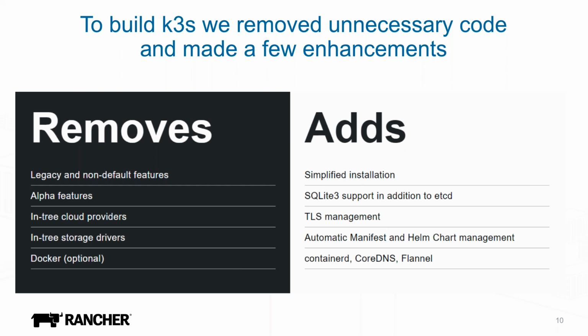There are alpha features that haven't come out yet. There are in-tree cloud providers, so support for the cloud providers is right in the source, and in-tree storage drivers. For cloud providers and storage drivers, depending on your enterprise, you might use several cloud providers, but typically you're not going to use them all.